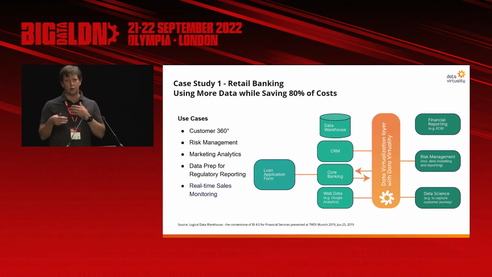There could be different offerings from different competitors. There's always online comparison going on to find the best loan offer. So how does a retail bank make sure that at any given point of time they are providing the best offer so that the customers are taking their offers and not the offers from somebody else?